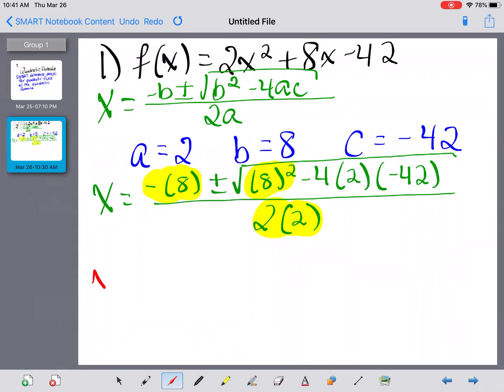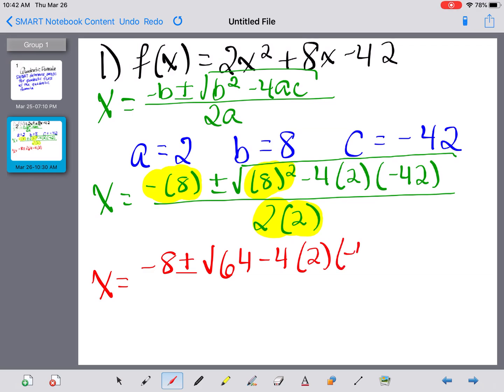All right, so that gives us x equals negative 8 plus or minus the square root of 8 squared. That's 8 times 8, that's 64. We're going to keep everything else the same. 4 times 2 times negative 42. And then we can also multiply our 2 times 2 and get a 4 there.